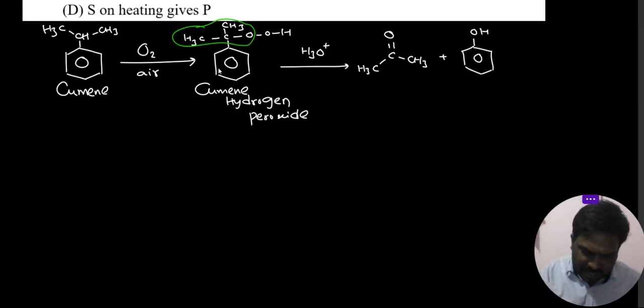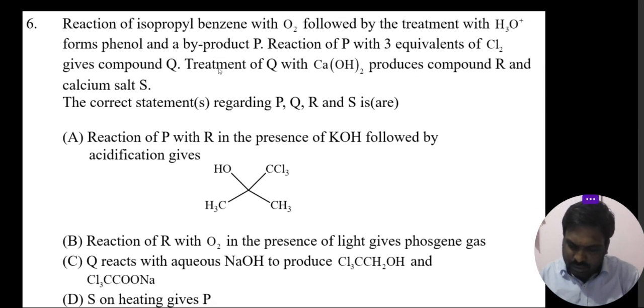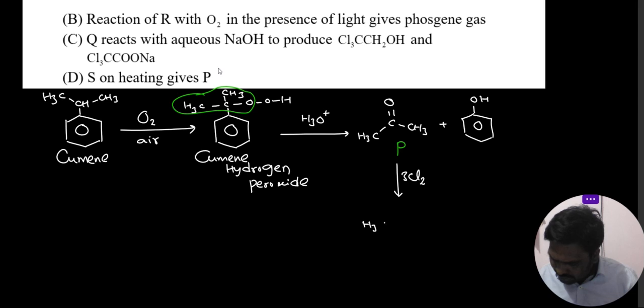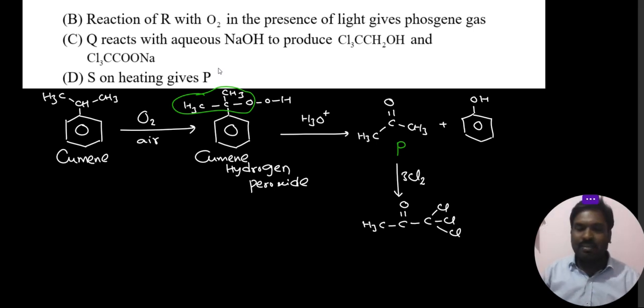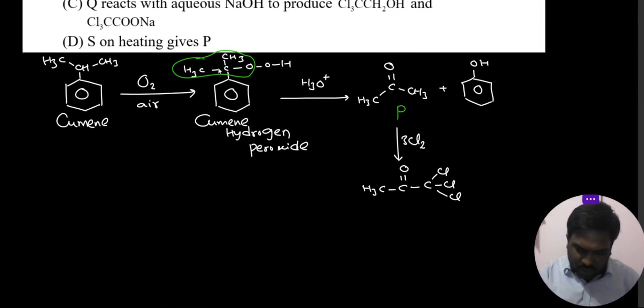P reacts with 3 equivalents of chlorine to give Q. With 3 equivalents of chlorine, CH3COCCl3 plus 3HCl is eliminated. So this is called Q. Understood?